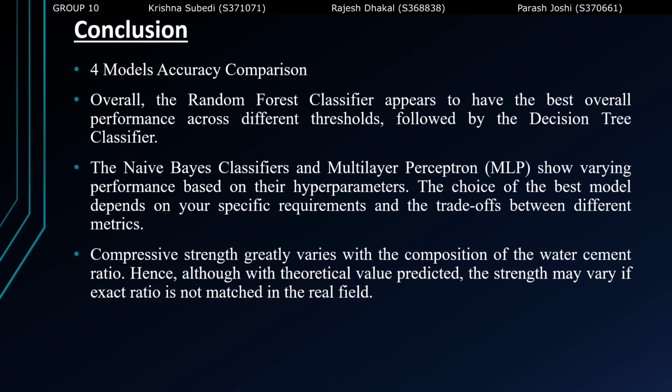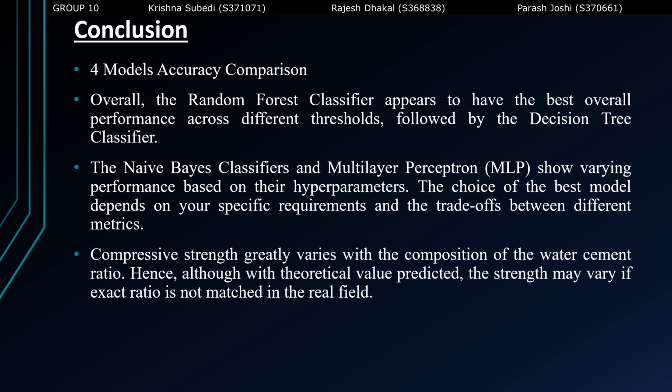In this comparison of model accuracies, we have observed distinct performances among the four machine learning models evaluated. The random forest classifier has emerged as the top performer in terms of overall performance across various thresholds. Its high accuracy and robustness make it a standard choice for predictive modeling. Following closely is the decision tree classifier, showcasing consistent and commendable performance across different depths.